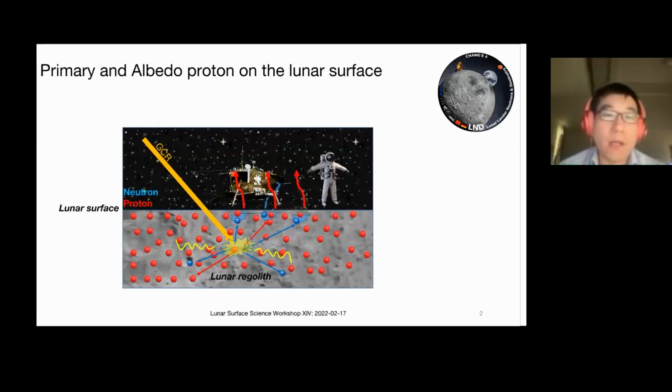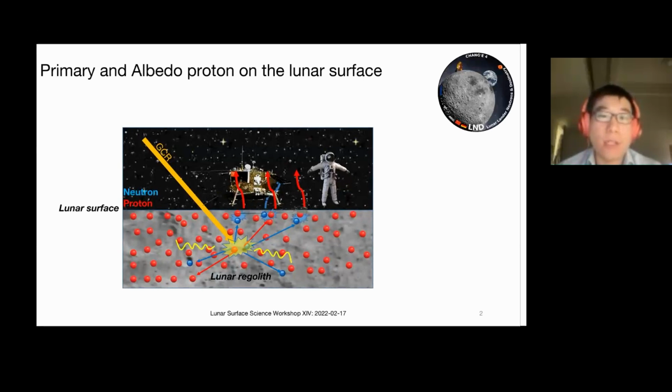Such particles, including the electrons and the protons, are quite high energy. Protons with more than 15 MeV are enough to penetrate a spacesuit or space instrument. So it's already high enough energy to penetrate and cause damage.